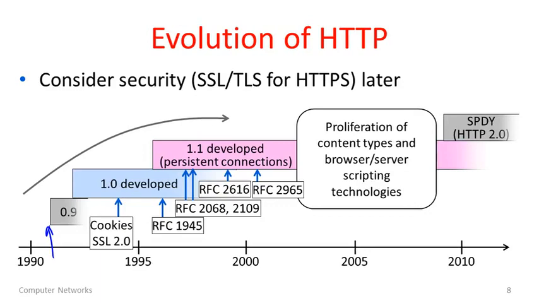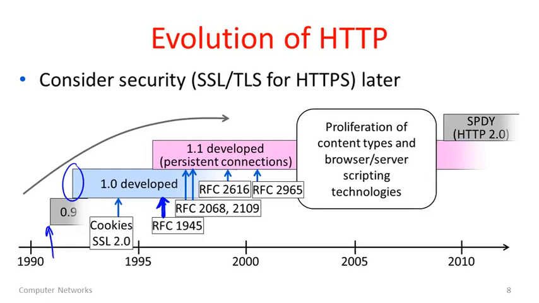So this was pre 1.0 HTTP. And that version very quickly gave way to version 1.0, which came under development. Actually, it wasn't until like 96 over here that HTTP 1.0 was standardized. So before that time, different browsers all had pre-standard implementations.